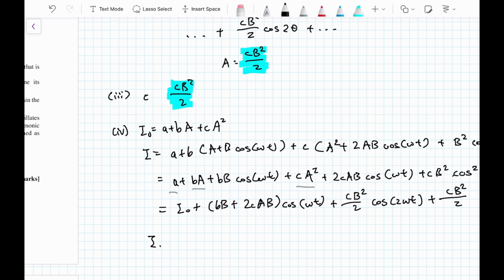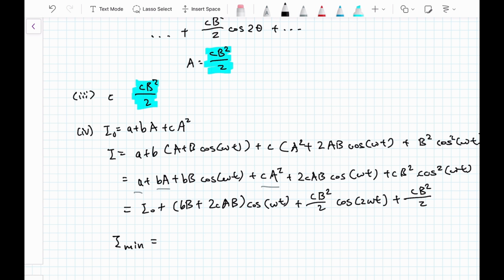So let's figure out Imin and Imax. Imin in this case will be when cosine omega t is equal to negative 1. In this case that will be I0 minus, if we consider this entire term as A1 for the amplitude of the fundamental, the first harmonic, then it's I0 minus A1.